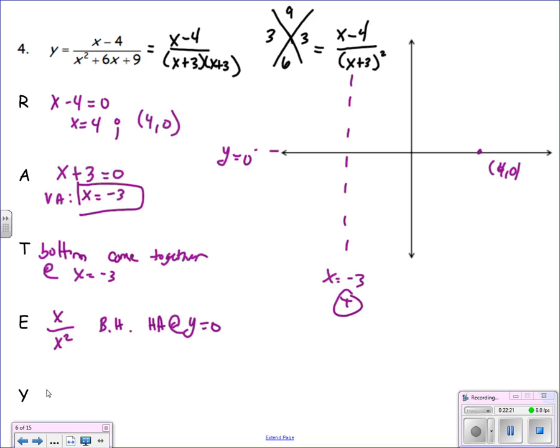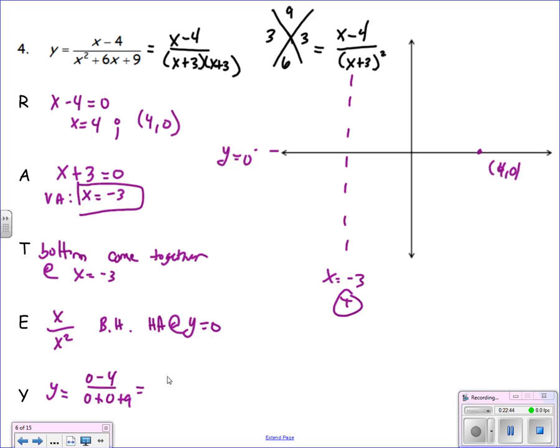Now our y-intercept: replace all x's with 0. You can use any format or version of the equation that you desire. You can use the end one, or the first one, because it'd be 0 plus 0 plus 9.